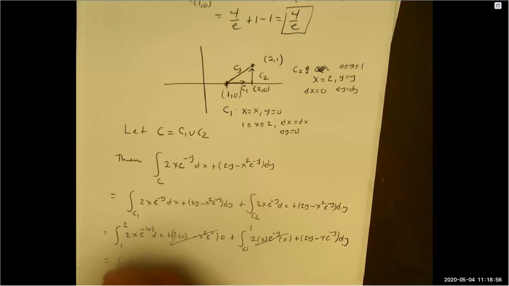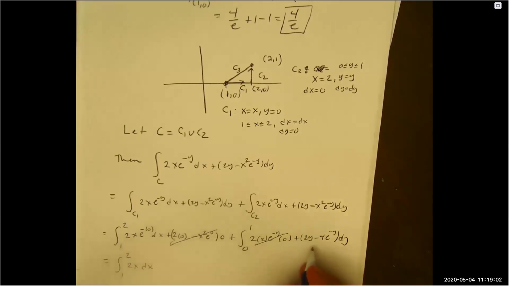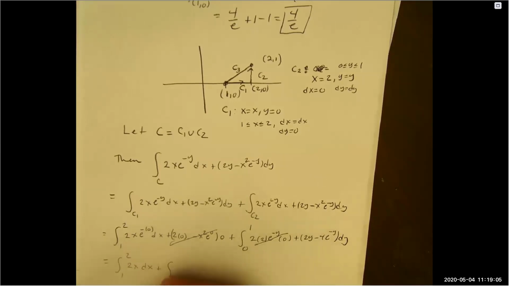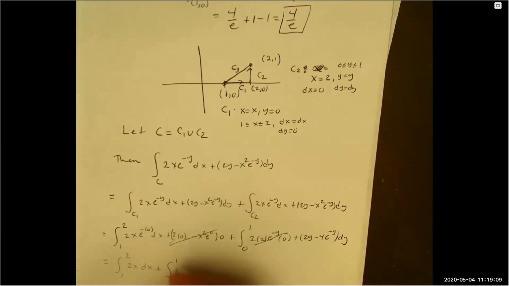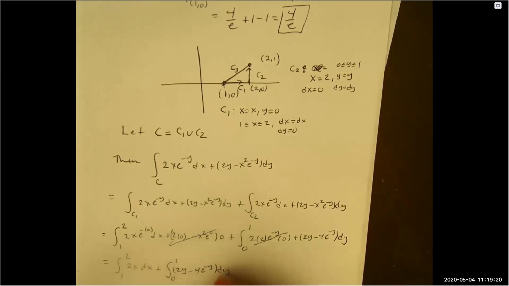So I'm going to have the integral from 1 to 2 of 2x. And then with this part, I'm going to have the integral from 0 to 1 of 2y minus 4e to the minus y dy.